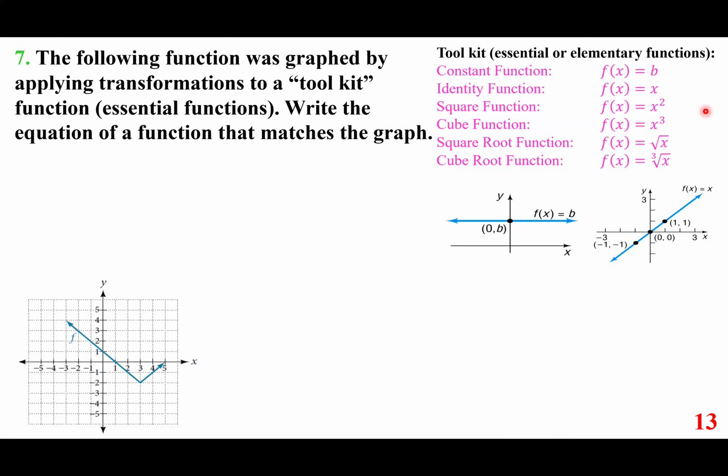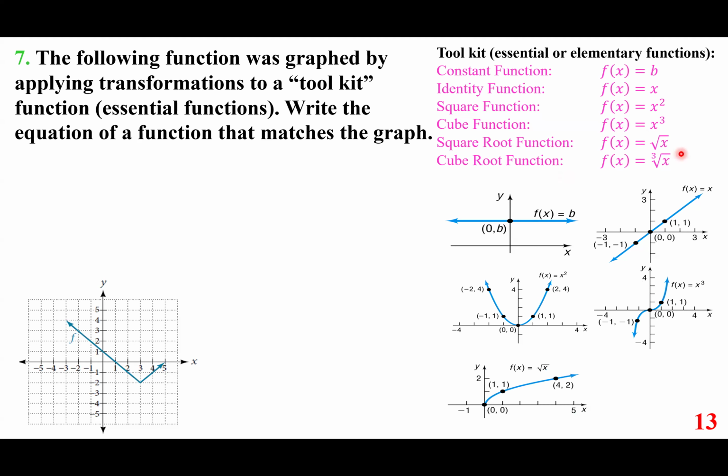The square function, or the quadratic function, f of x equals x squared, is a parabola that opens up. The cube function f of x equals x cubed, looking like that. The square root function f of x equals square root of x, looking like this. And finally, the cube root looking like that.